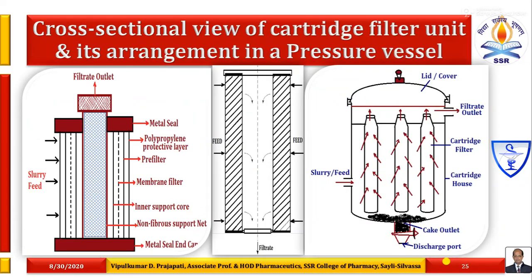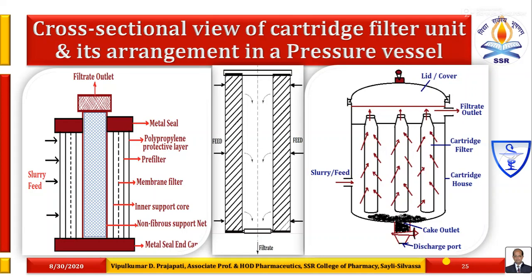This is the cross-sectional view of a cartridge filter unit and its arrangement in a pressure vessel or housing. The first two images show the provision of the filtrate outlet, which may be in the upper or downward direction, due to the configuration of the cartridge filter. As shown in the figure, in a cartridge filter there is a thin porous membrane, in which the pre-filter is the outermost layer, covered by a polypropylene protective layer, then the membrane filter.